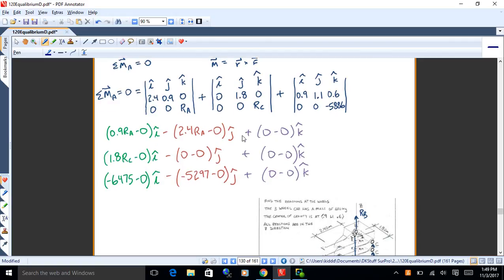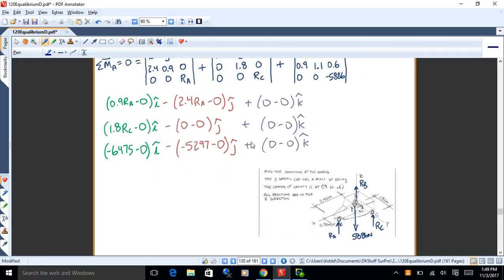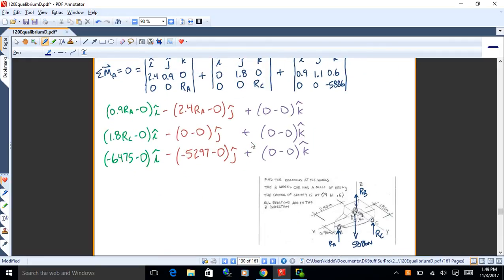All right, so you get yourself a big old cross product built up there, and then you just collect terms. I do this one a little differently. In the past I've done them where the vectors, well, this is a moment equation, so I guess I haven't really done this directly, but now you're going to solve out columns. Before I had you get the i's in a row and the j's in a row and the k's in a row.